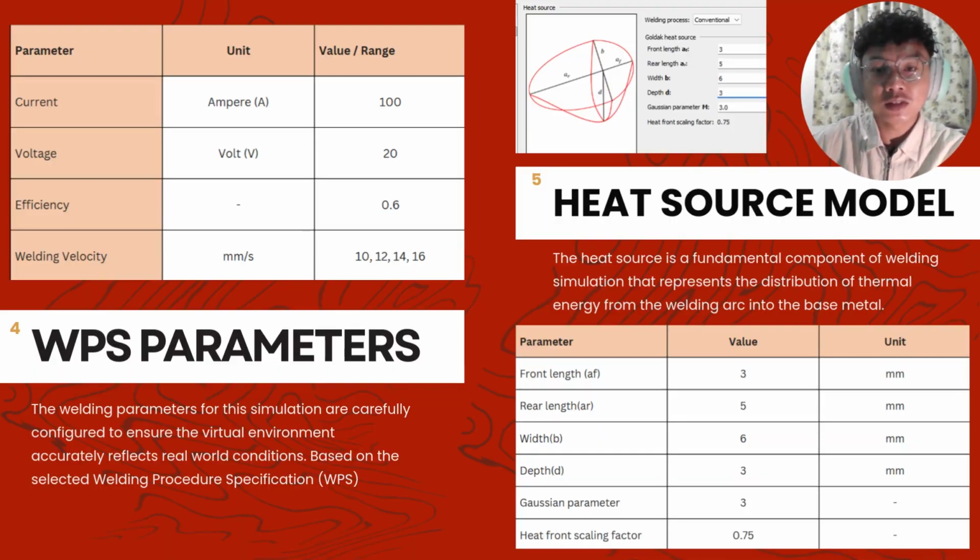For the welding velocity, we are using a range of 10 to 16. For our heat source model, we are using 3 millimeters for the front length, 5 millimeters for the rear length, with a width of 6 millimeters, a depth of 3 millimeters, and the Gaussian parameter set at 3.